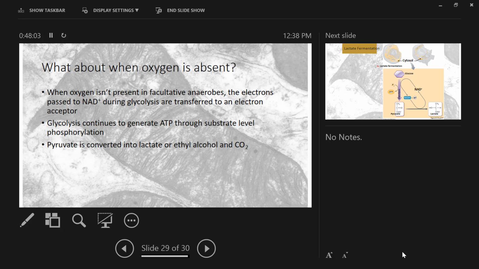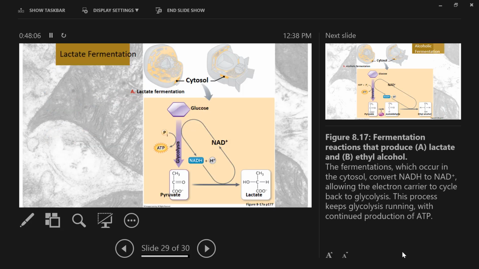So here's lactic acid fermentation. Here we're making NADH during glycolysis. That NADH gives its electrons directly to pyruvate, generating lactate. And then that lactate will diffuse out of the cell.